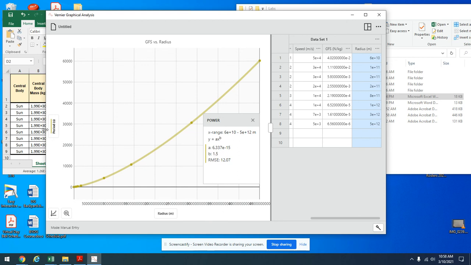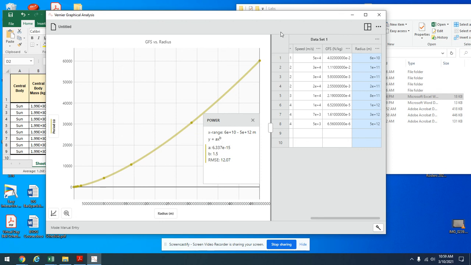Now that means that period right here, that's what should be in place of y, is equal to some constant, worry about what that means later, times radius to the 1.5. If we didn't like having that 1/2 power there, we could square both sides of this, and then we would have period squared is equal to a constant times radius cubed.